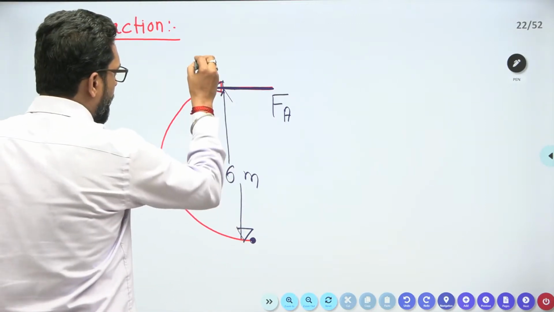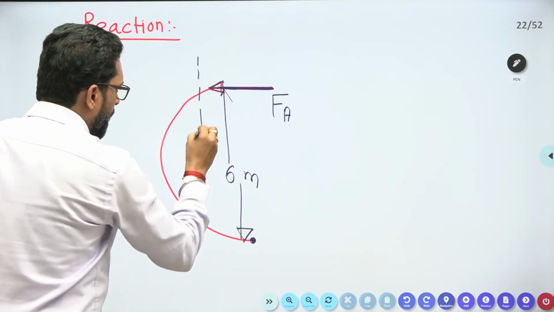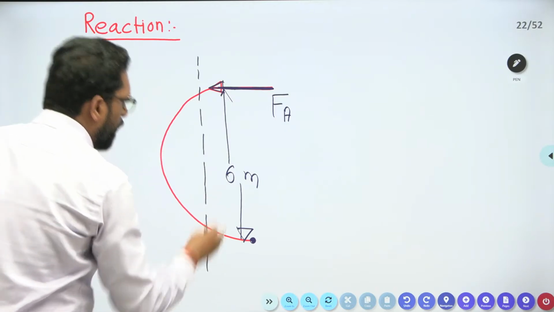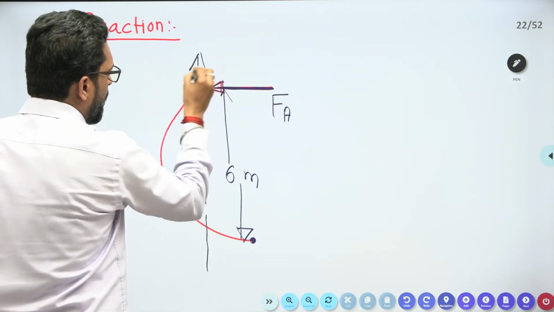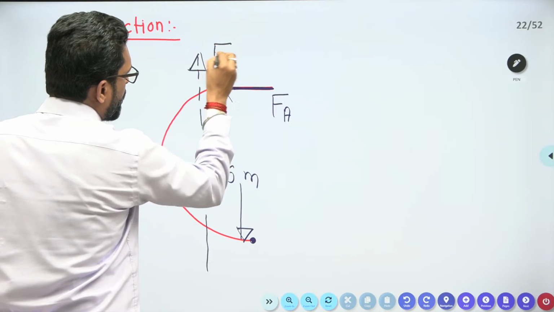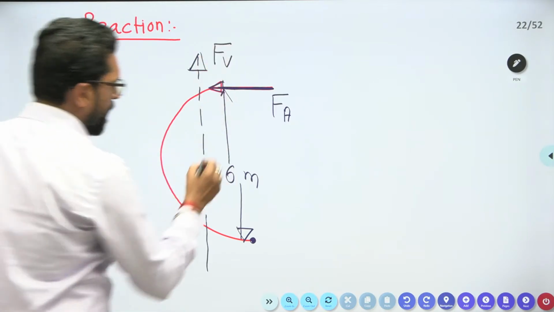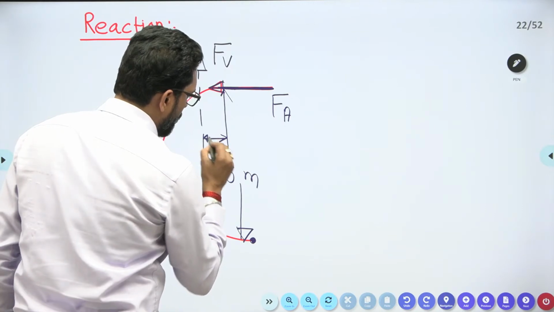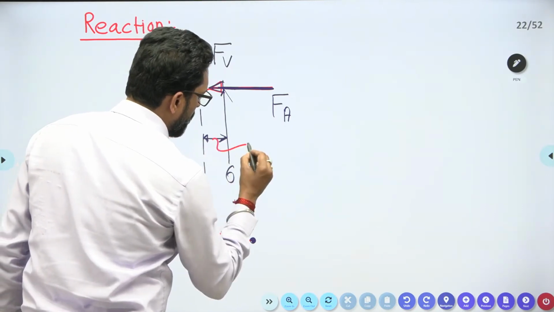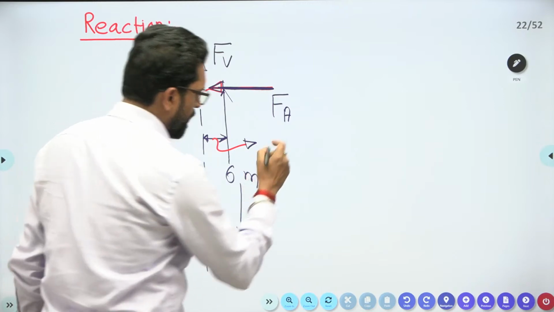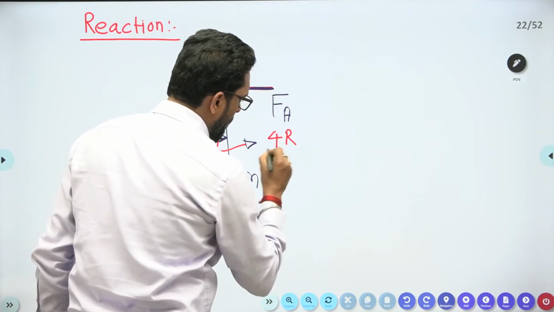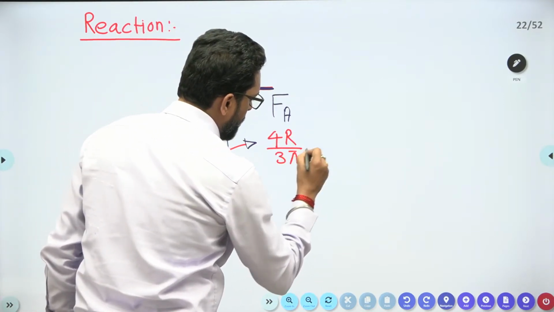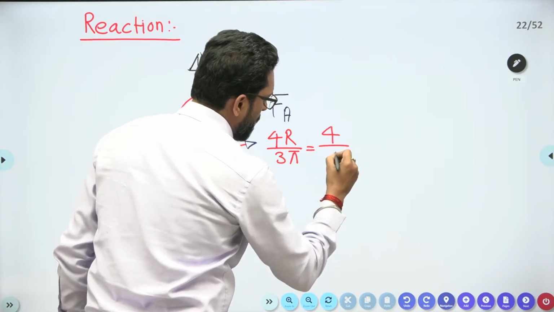Now from here, this is the line of action of a vertical force. This is the line of the net vertical force, FV, and this is at a distance of 4r by 3 pi, that is 4 by pi meter.